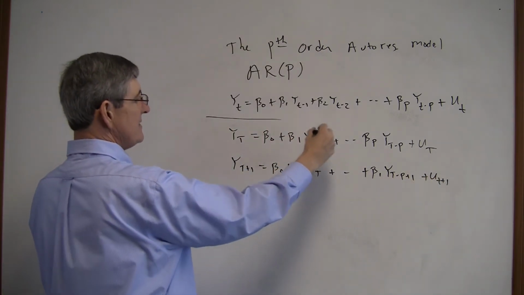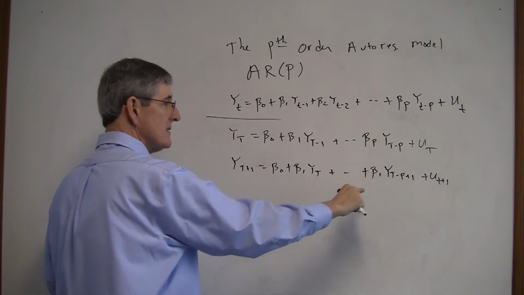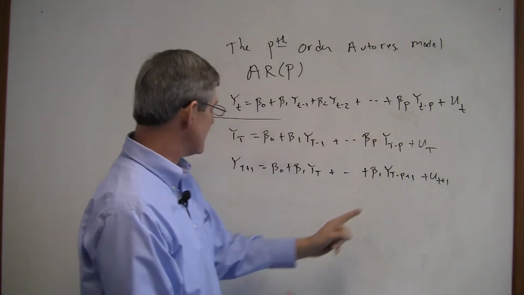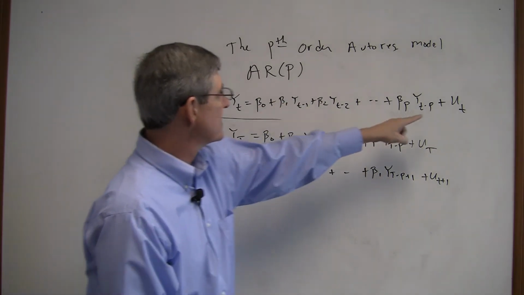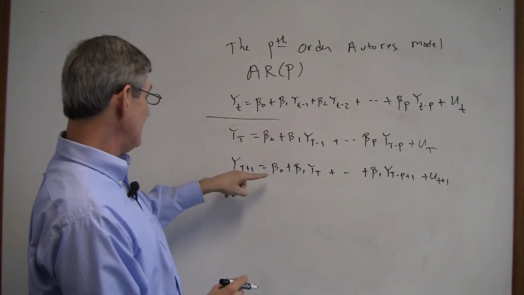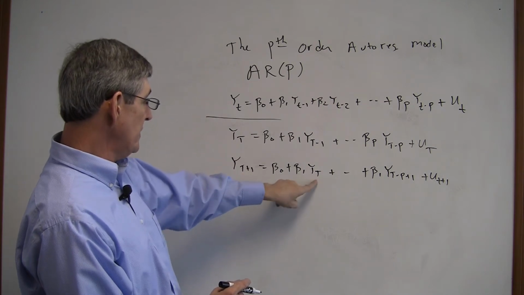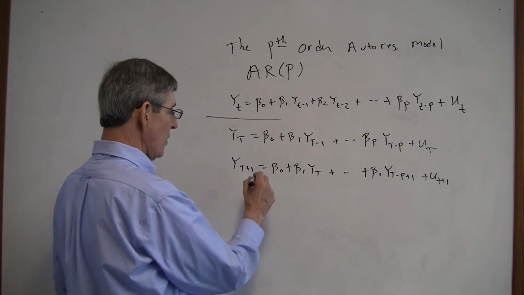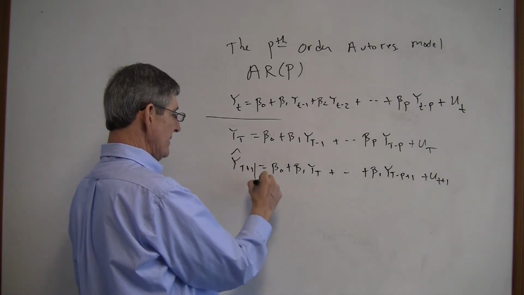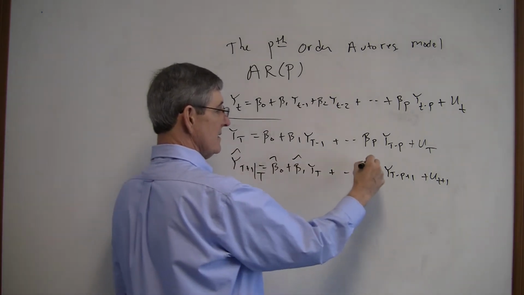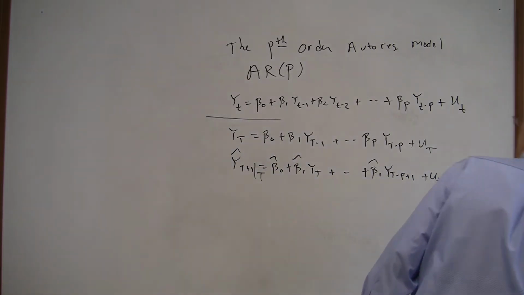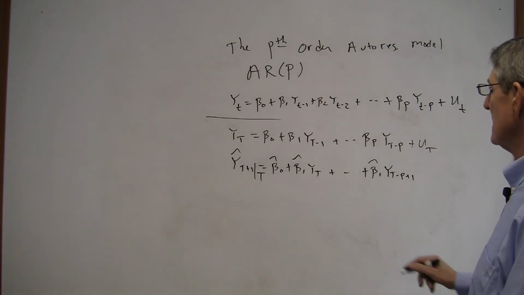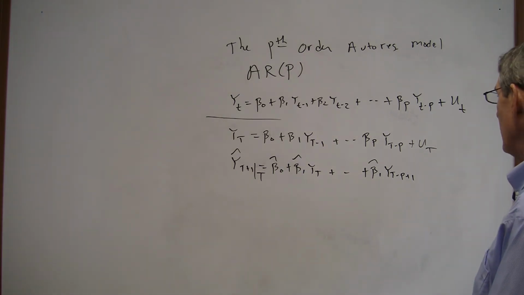And then just take the estimated values of the betas from when you estimated this. It's just OLS of yt on p lags if the error term is uncorrelated. And you know all these y's. They're in the data set, and that would give you yt plus 1. So yt plus 1 given t would be this. And then you'd set the ut equal to its mean because you don't have any idea what it is. So that would be your forecast.